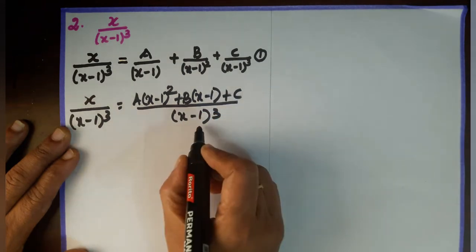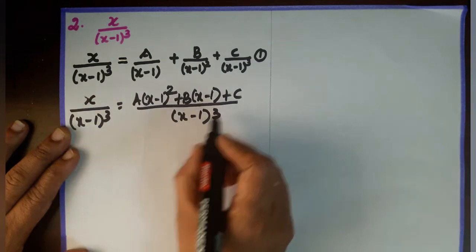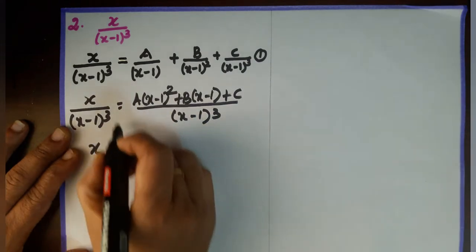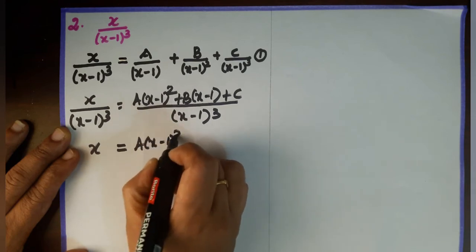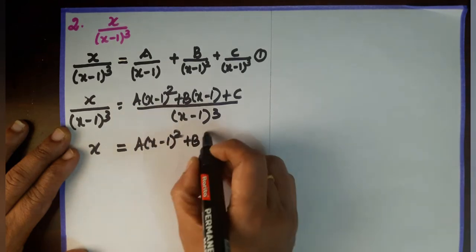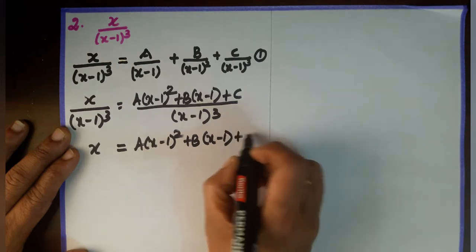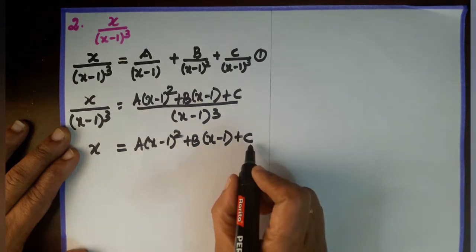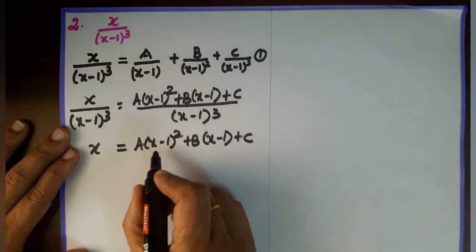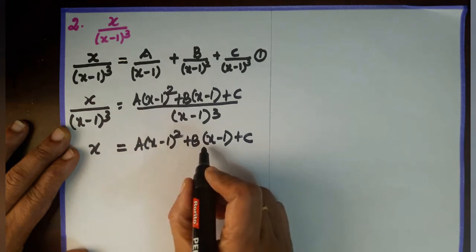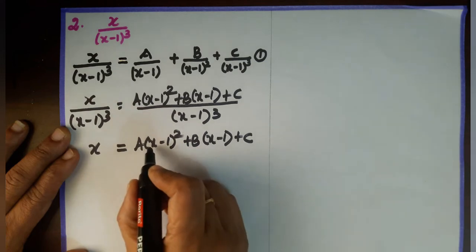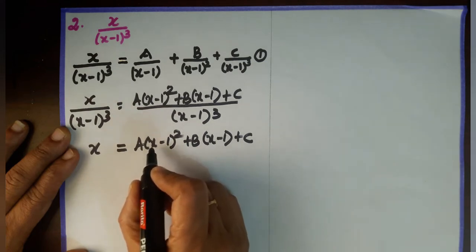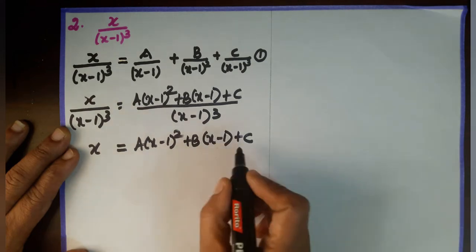Since we have the same denominator, we need to equate the numerator. Then we get x equal to A into x minus 1 the whole square plus B into x minus 1 plus C. First I am going to find C. Then I need to make the first term and second term 0. Since we have the common factor x minus 1, in the place of x, if we substitute 1, then A and B will become 0.